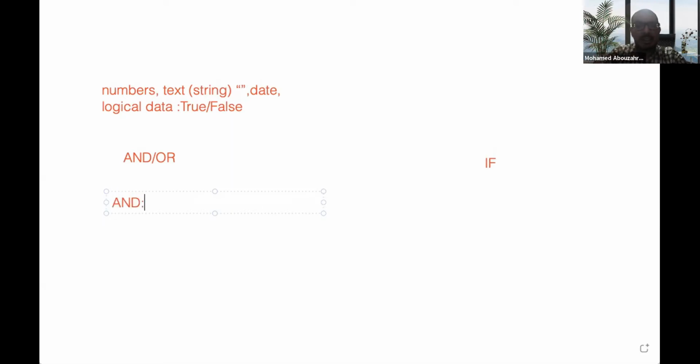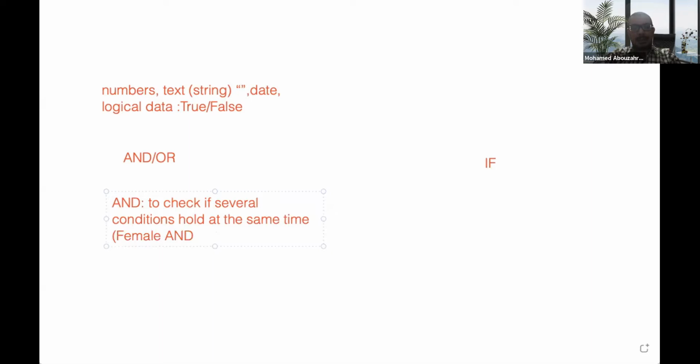So the AND function is used to check if several conditions hold at the same time. Like for example, female and grade A. So both of these conditions, I'm checking for both of them at the same time.